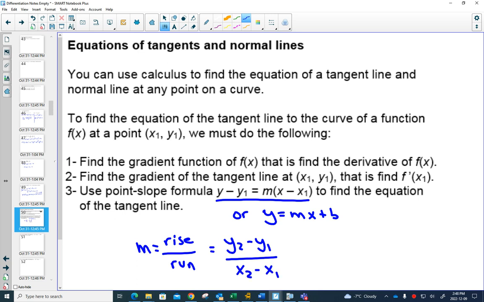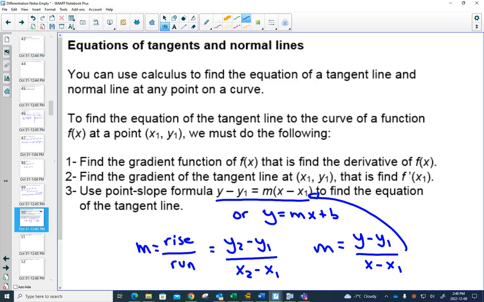If you take your slope formula and you just make one of them y and one of them x, and multiply to get rid of the fraction, you get that equation. So now that you see that, it might be easier to remember the point slope formula, because it's just my slope formula rearranged.